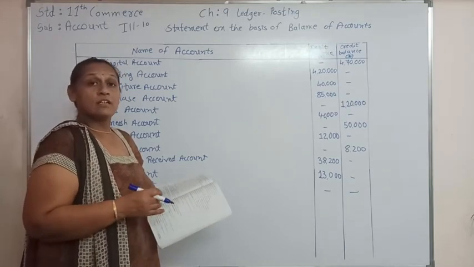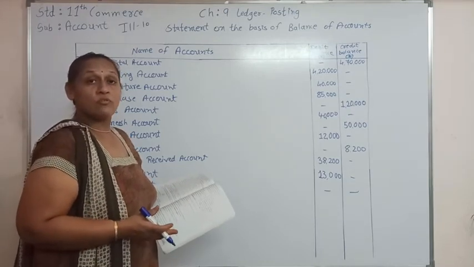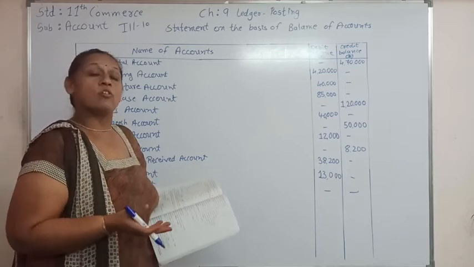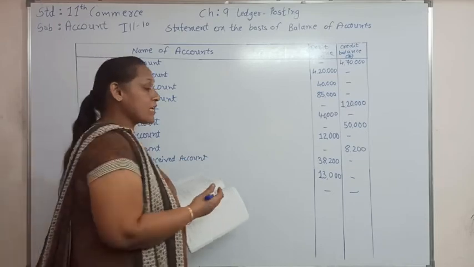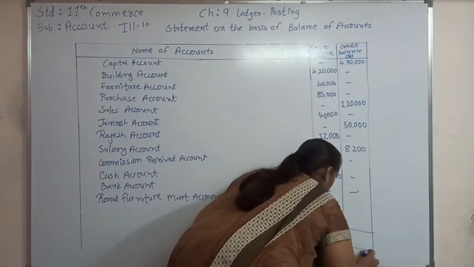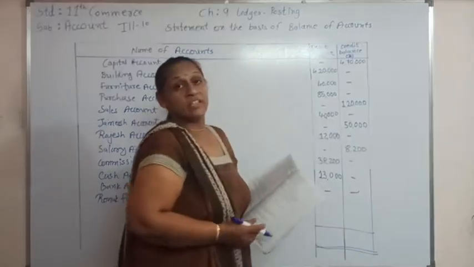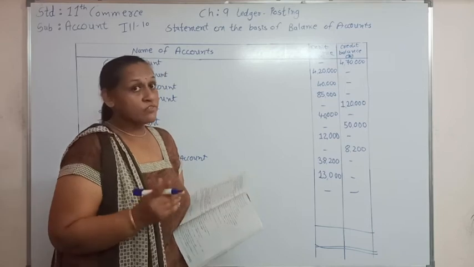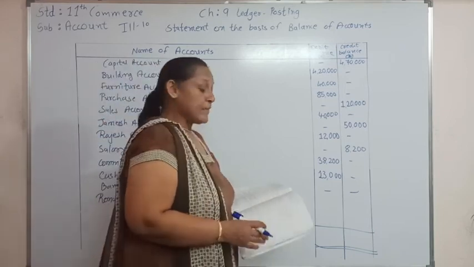So this is the general rule we can come out with from the accounts, that these are the accounts that have debit or credit balance. So here if we are going to make the total of these two sides, the totals must be equal as it is from the double entry system. So the total of the debit and credit must be equal.